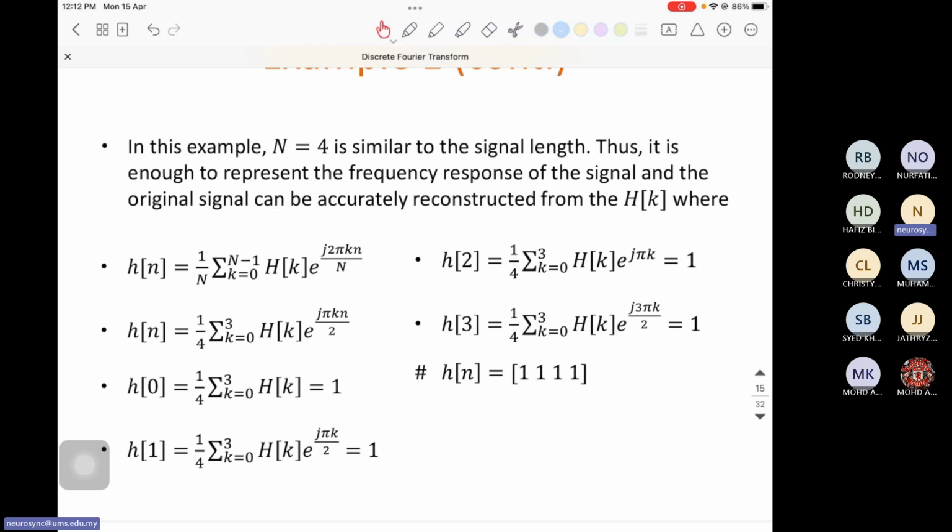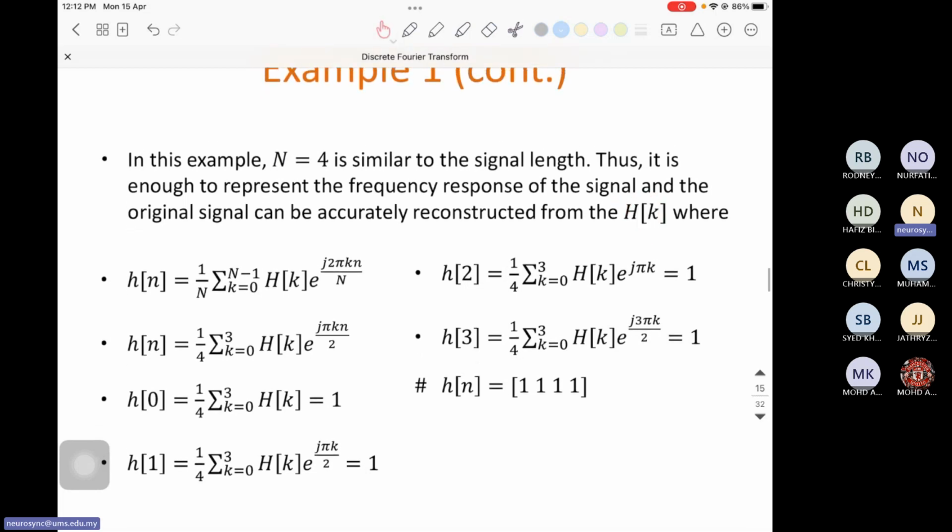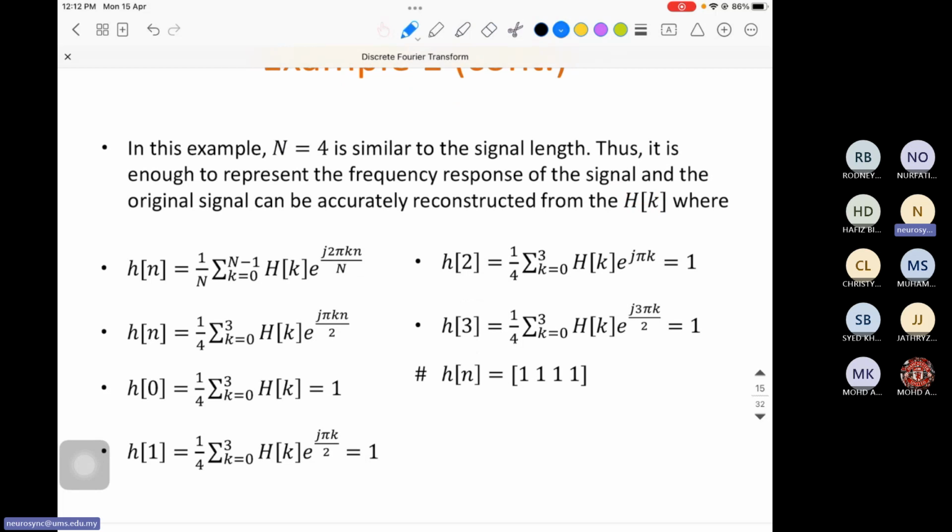Now, from this H of k, we can get back the signal h of n using inverse transformation, IDFT.